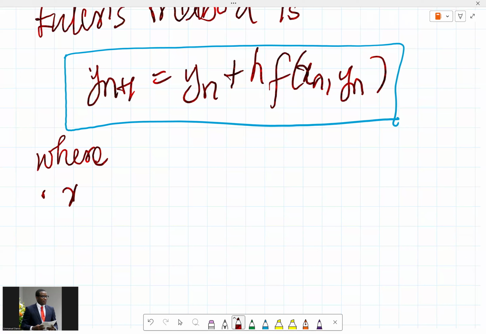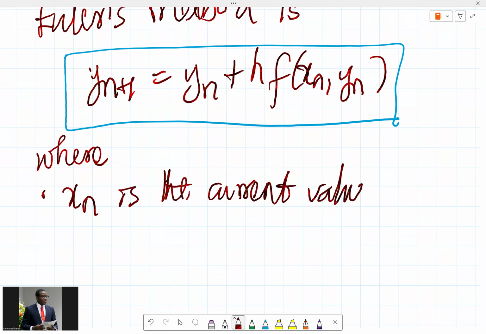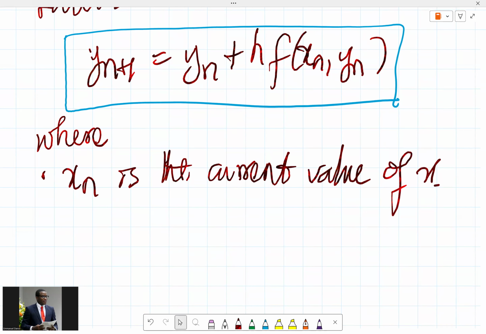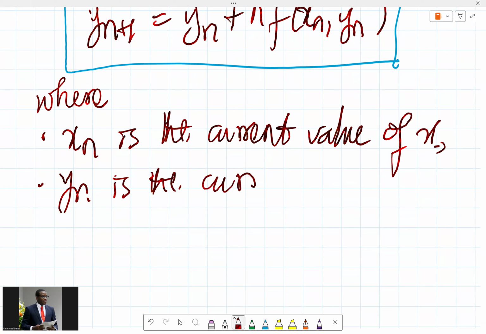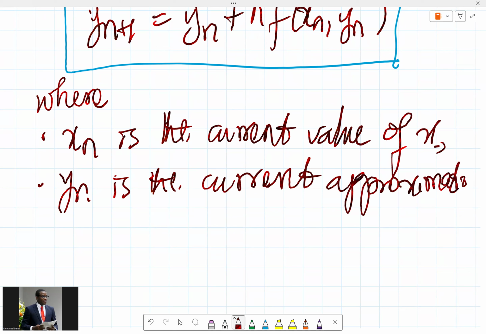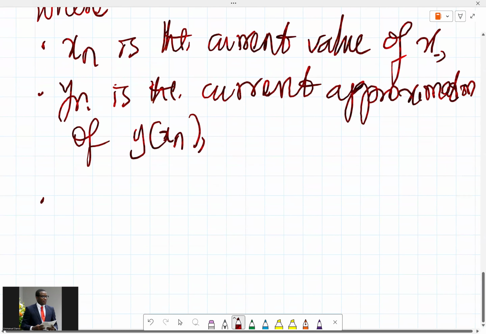Here, x_n is the current value of x. Then you have y_n, which is the current approximation of y of x_n. Then we have h, which is the step size.